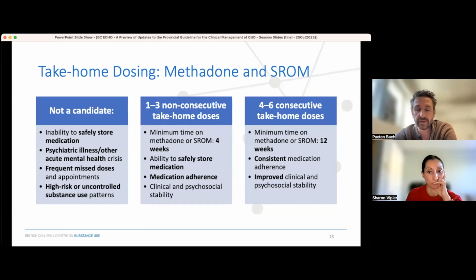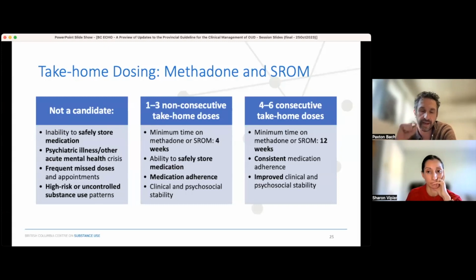As soon as somebody has been on a dose for 4 weeks and is on a reasonably stable dose, has demonstrated an ability to safely store the medication, has been quite consistent in taking the medication, and has the clinical and psychosocial stability that it's felt they can safely manage these medications, they can begin to qualify for those non-consecutive doses. And by 12 weeks, once they've had non-consecutive doses for a period of time, have been on medication at a stable dose for 12 weeks, and are demonstrating increased consistency in medication adherence and ongoing improvement in clinical and psychosocial stability, they can begin to qualify for consecutive take-home doses as well.